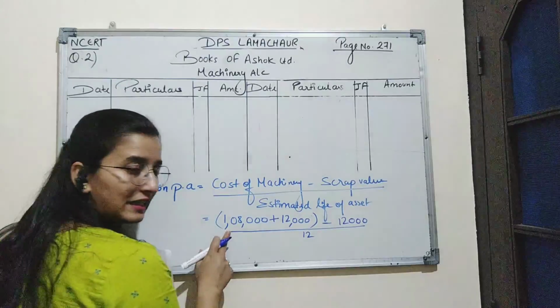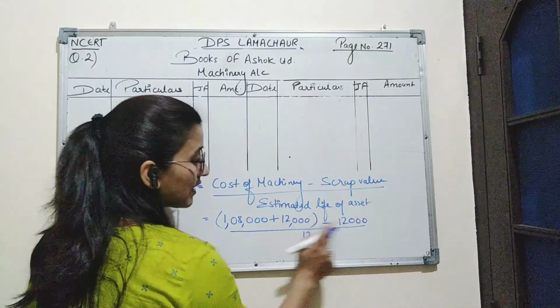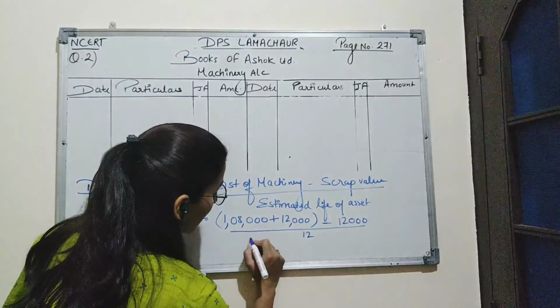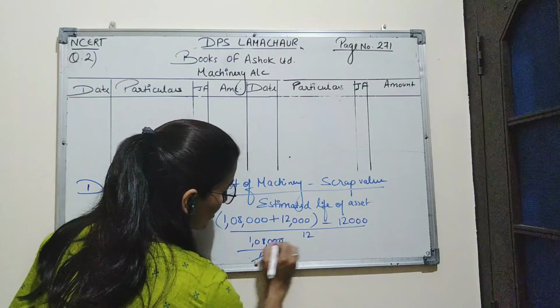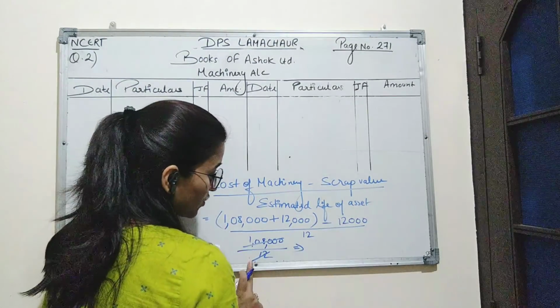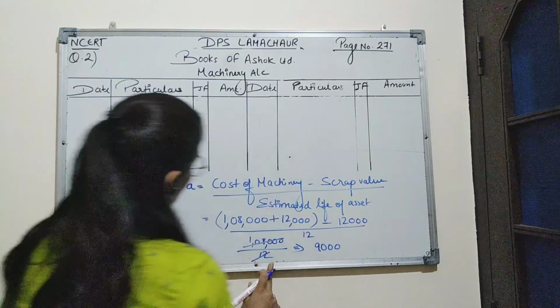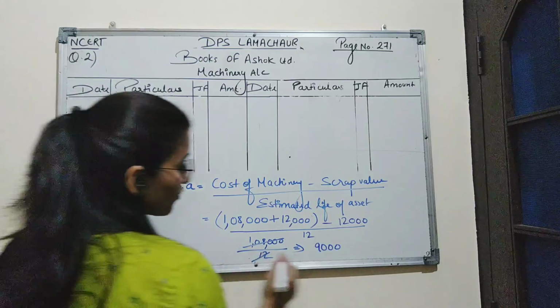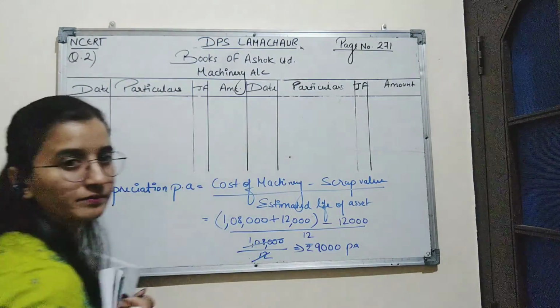So 1,08,000 plus 12,000 is 1,20,000. 1,20,000 minus 12,000 is again 1,08,000, divided by 12. By dividing 1,08,000 by 12, we get 9,000. So here depreciation is rupees 9,000 per annum.